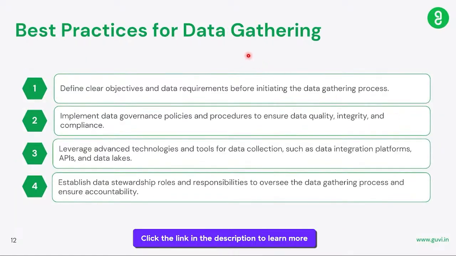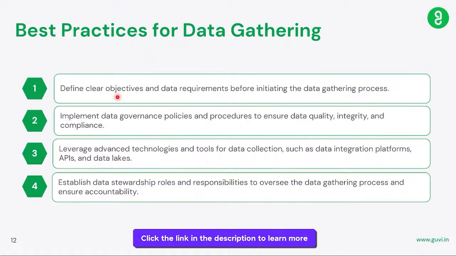So what are the best practices of data gathering? Data gathering is a crucial step. We have seen that. So how can we start with it? The first point here that I want to bring up is to define clear objectives and data requirements. Before initiating the data gathering process, it is essential to set clear objectives and identify the specific data requirements that align with organizational goals.